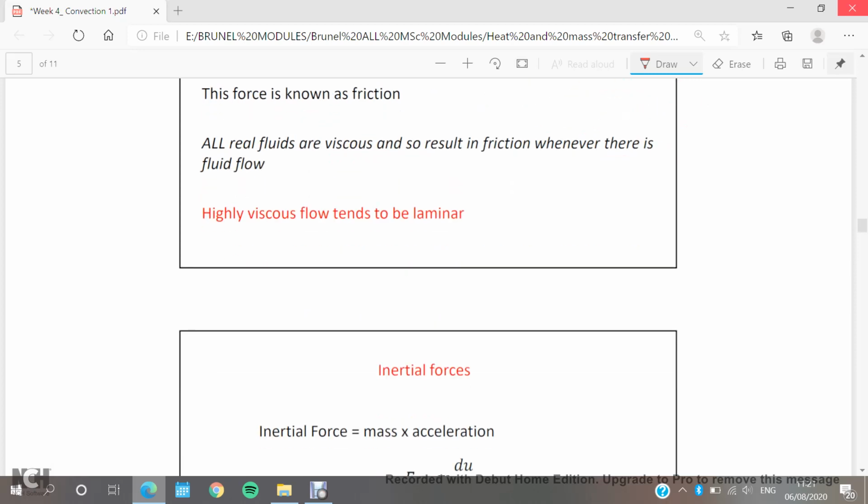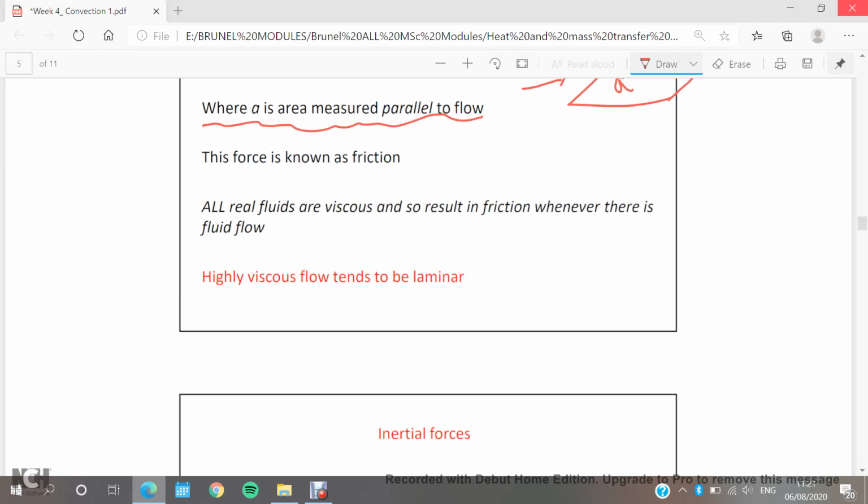Be aware that all real fluids are viscous, and so they result in friction whenever the fluid flows. In reality, there is no flow without viscosity. There is no flow with zero mu or zero viscosity.